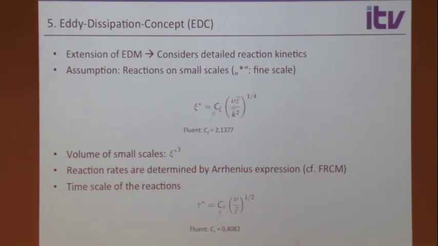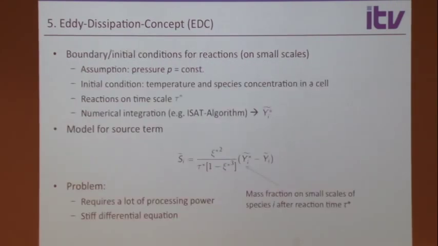You see this is built here with small scale quantities, nu and epsilon. And then you have a time scale here also. The time scale of the reactions is also a small scale quantity here. This is a constant which is specified here in this code.